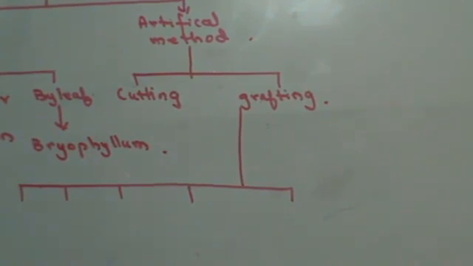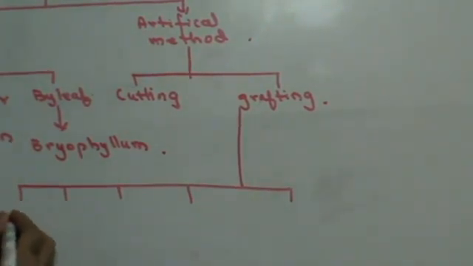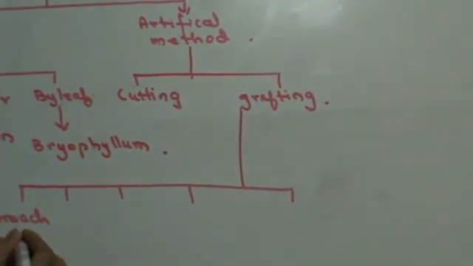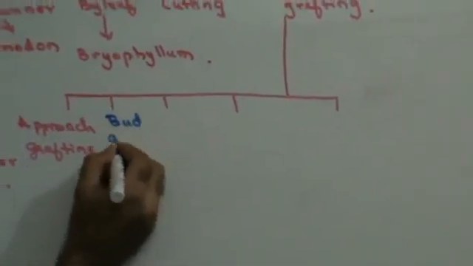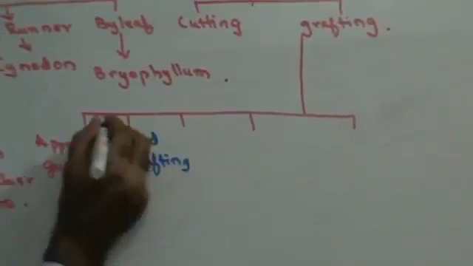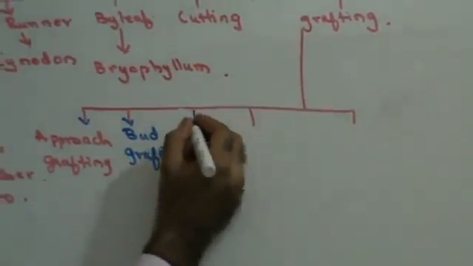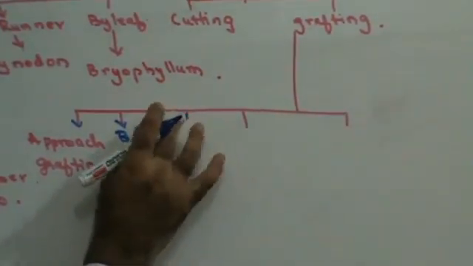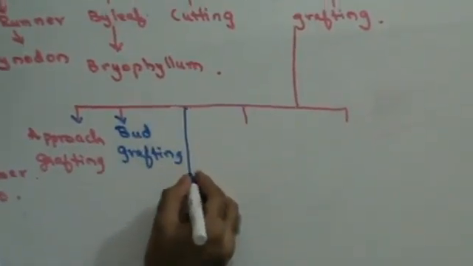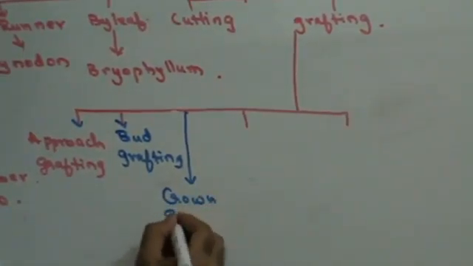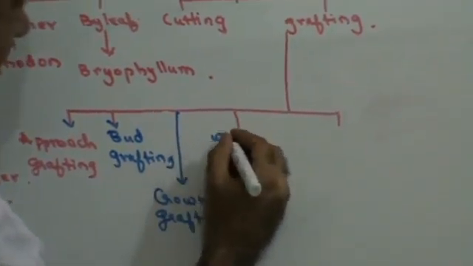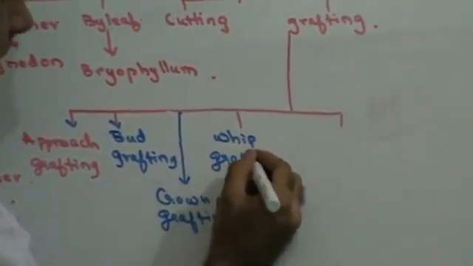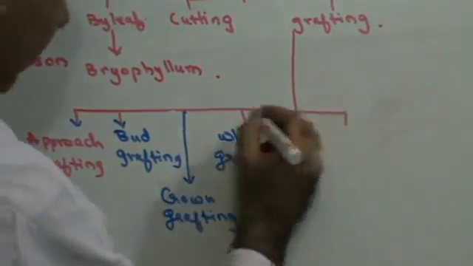You could have approach grafting, then bud grafting, then crown grafting, then whip grafting, and finally, wedge grafting.